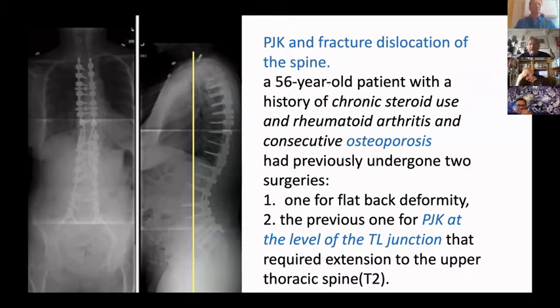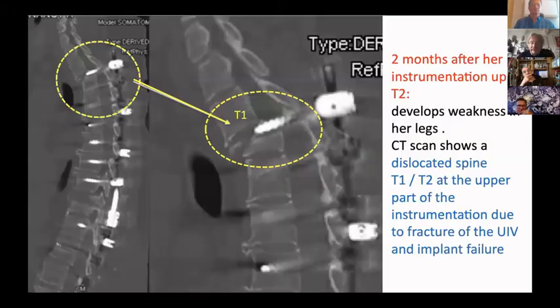She had previously undergone 2 surgeries, one for flat back deformity, and the last one, what you can see here on the pink picture, is the previous one with the PJK at the level of the thoracolumbar junction, which has been treated with an extension of the fixation into T2.